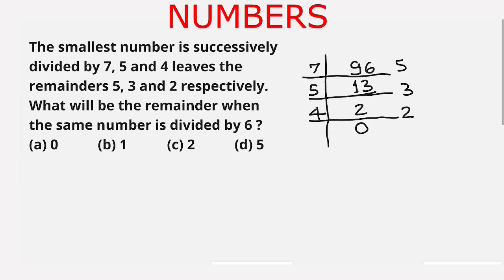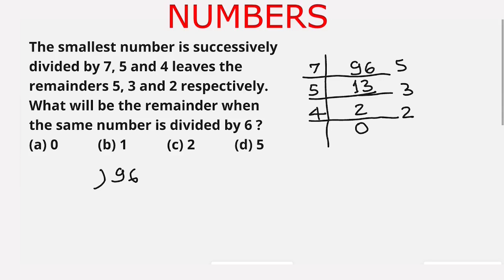This gives the smallest number, which when divided by 7, 5 and 4 leaves the remainders 5, 3 and 2. Now it is asked to find the remainder when this number 96 is divided by 6.